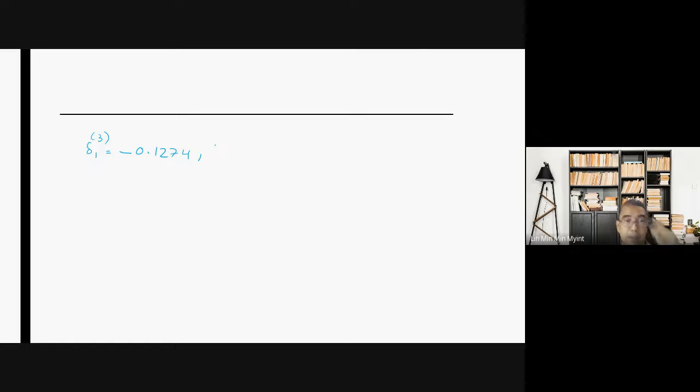And then this one is 0.0381, and this 2 is minus 0.0147.